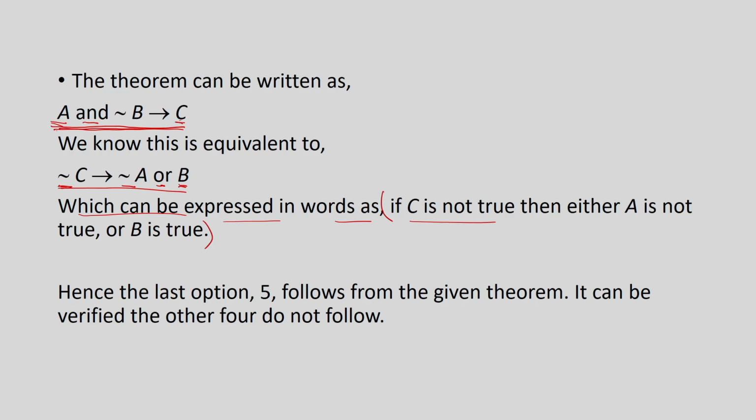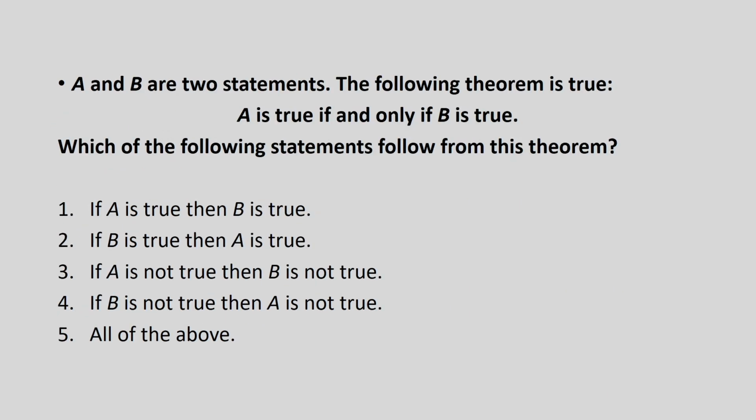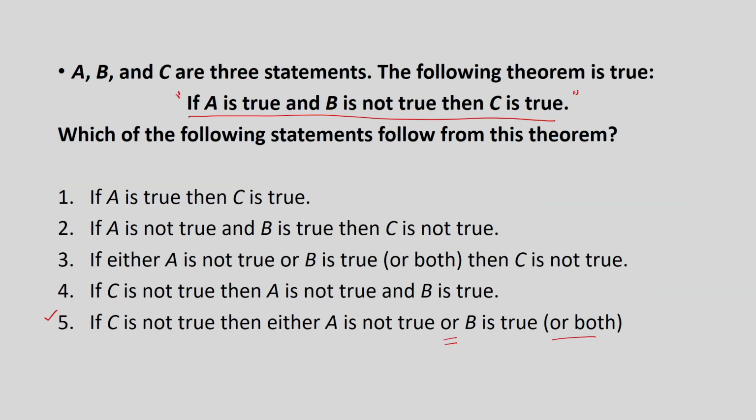But is any of the other 4 correct? It can be verified that the other 4 do not follow. Let us take 1 or 2 to understand how they are not following from the theorem. For example, suppose you take the first one: if A is true, then C is true.